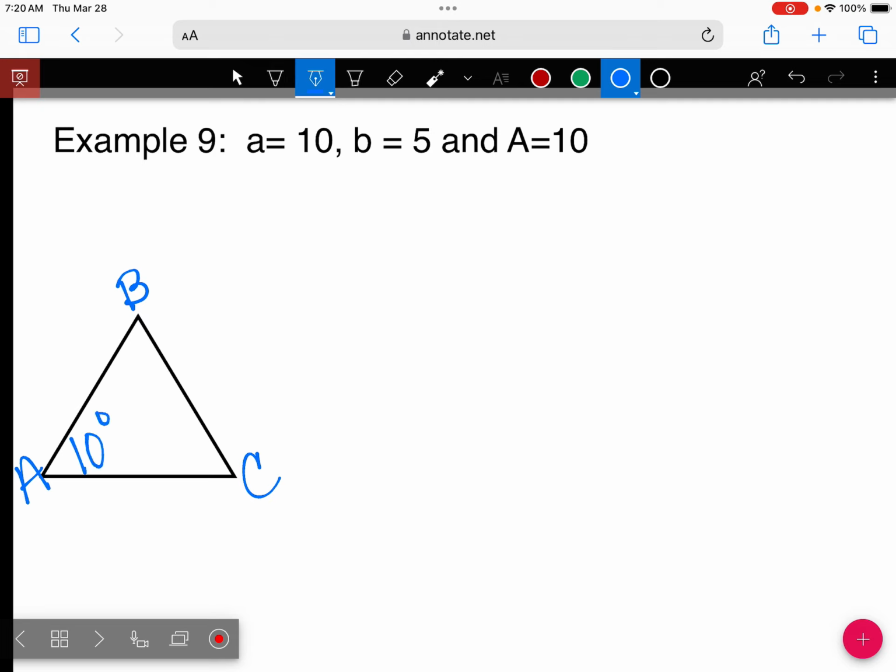All right, so we got angle A is 10 degrees, and then we have little a is also 10, and this is 5. So let's start off by finding this angle. See what you get.